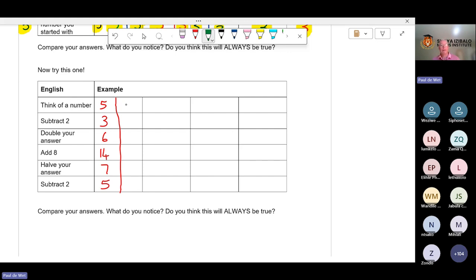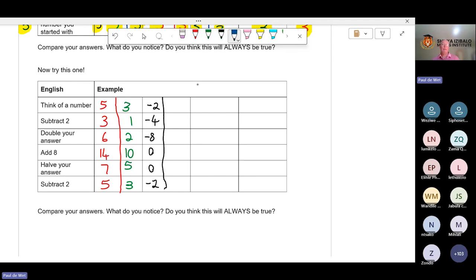Anyone tell me what seems to be happening here? Well done, Samkilisiwe. Yeah, well done. On this one, guys, we seem to get back to where we started.